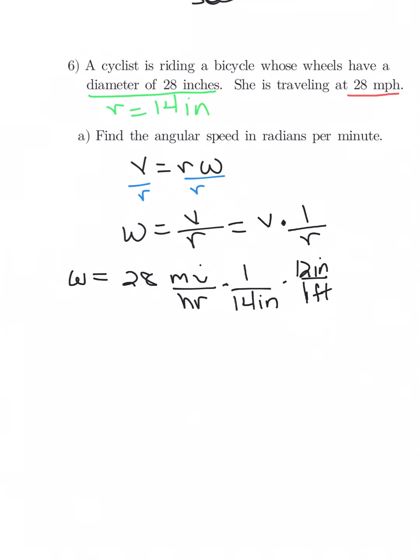So at this point now, inches are gone. That's good. The problem is we still have a unit of measure of feet and miles. You may or may not remember that there are 5,280 feet in 1 mile.